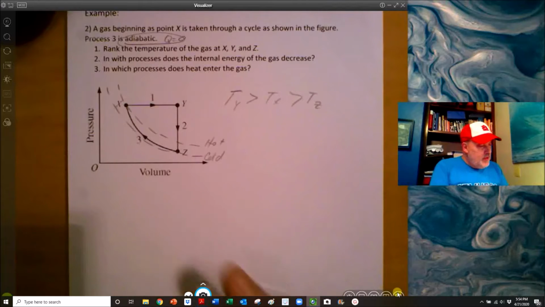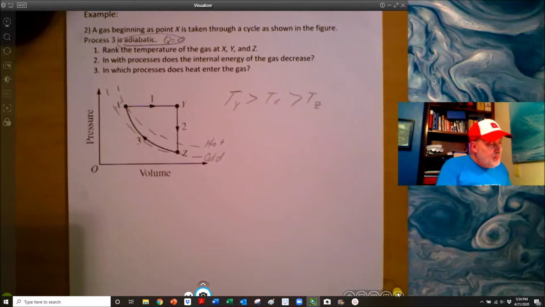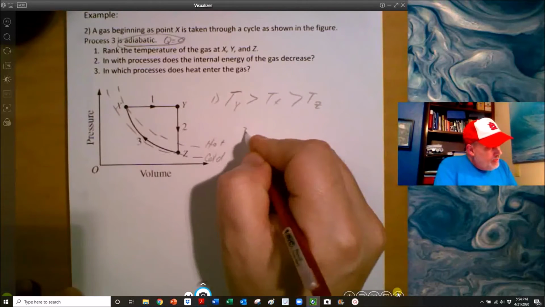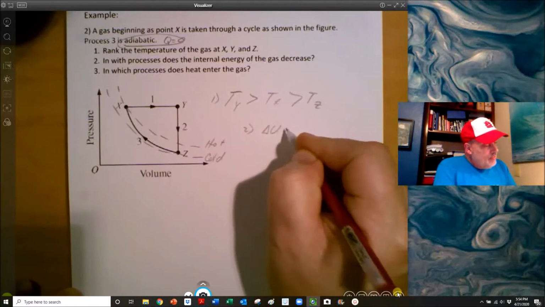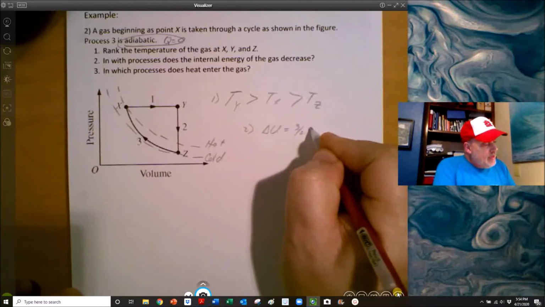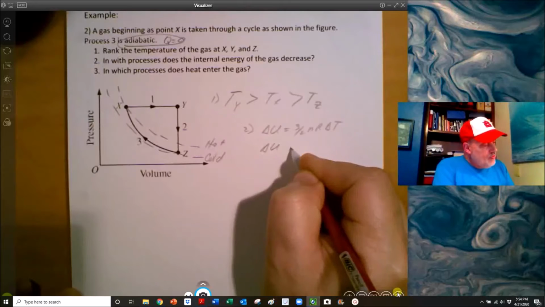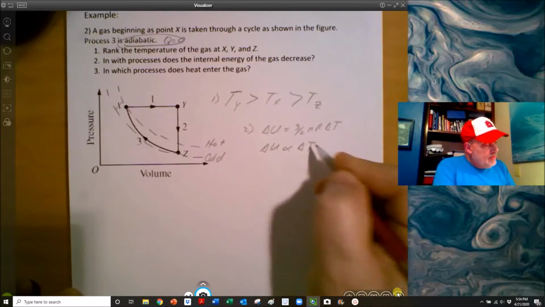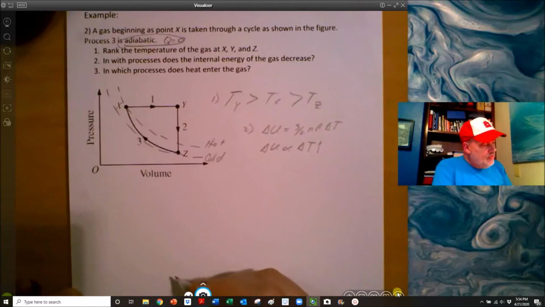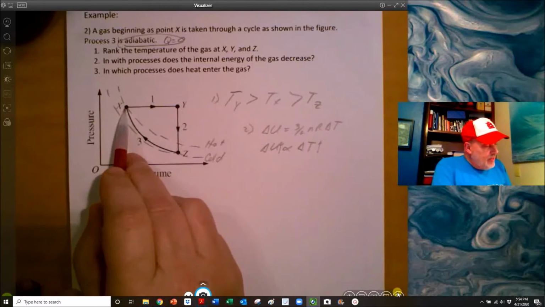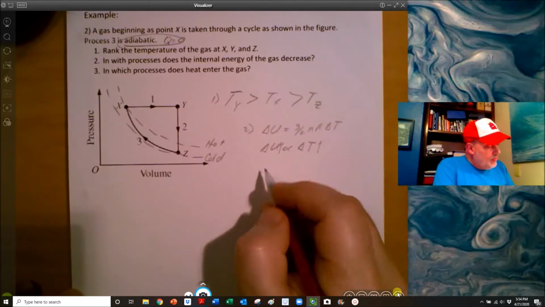All right. Now, part 2 says, in which process does the internal energy of the gas decrease? Well, so that was 1. Here's 2. So remember that internal energy is 3/2 nR delta T. So delta U is proportional to delta T. So we're looking for where the temperature increases. That's going to be our increase in internal energy. So let's see, from X to Y, well, that'll work.